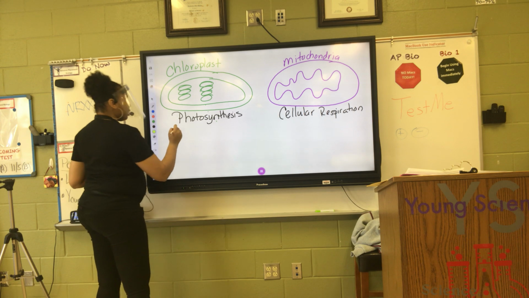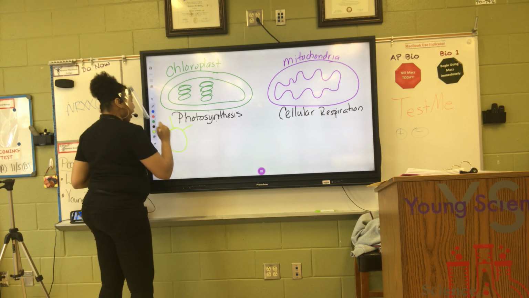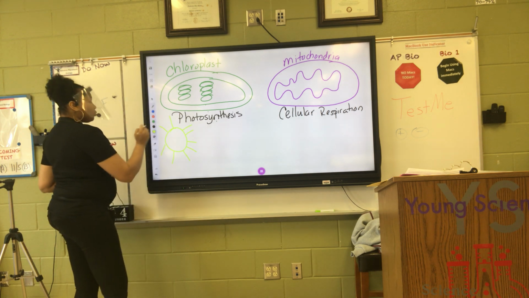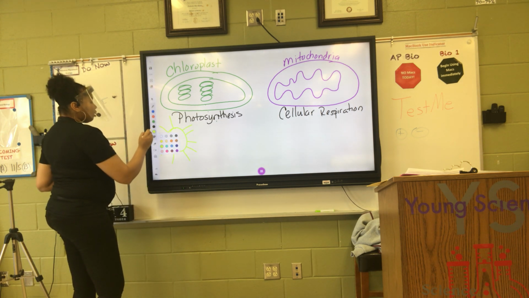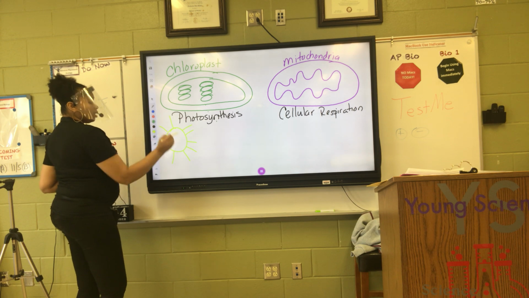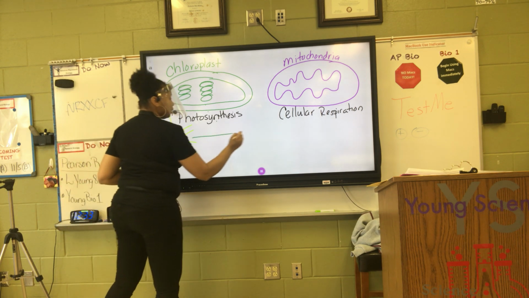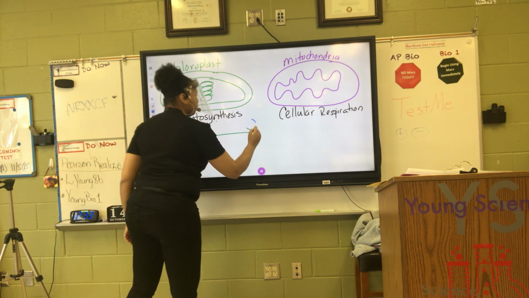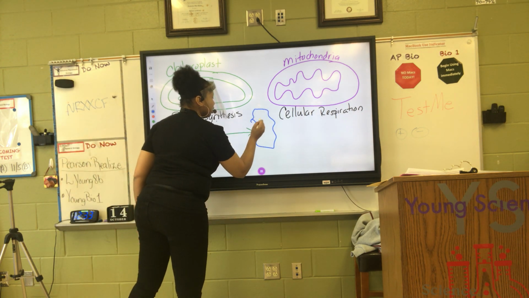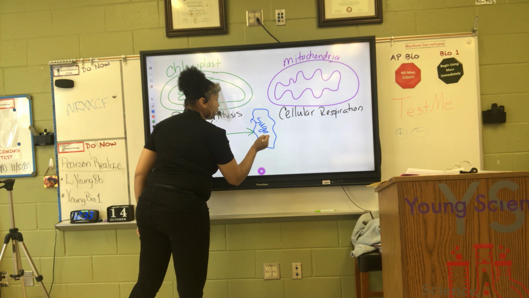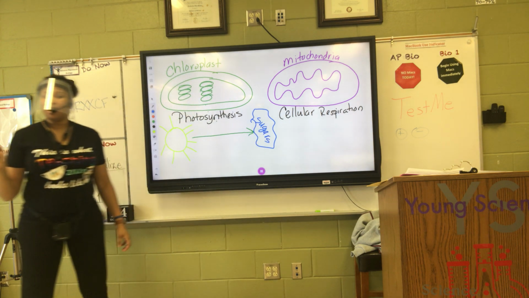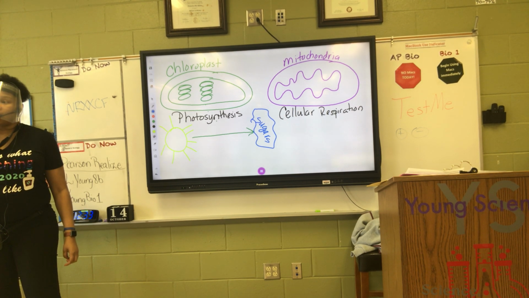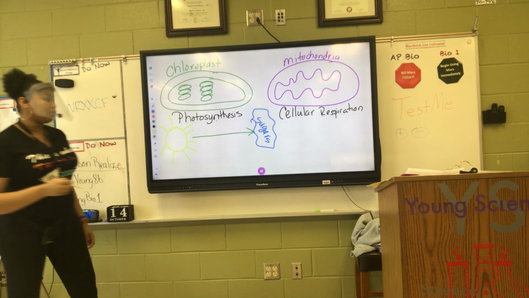The mitochondria can only work after the chloroplast has done its job. Because what chloroplast does, chloroplast takes energy from the sun and transfers it into the energy of the bonds between carbohydrates or sugars. And remember, where did I tell you guys the energy is found? In where? The bonds between what elements? The carbon and the hydrogens, right?